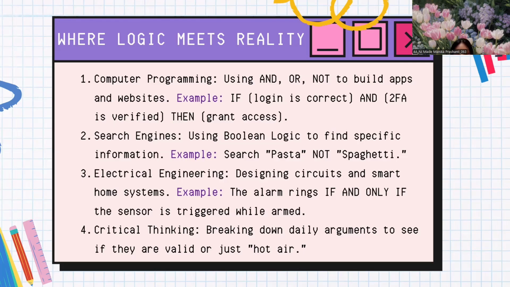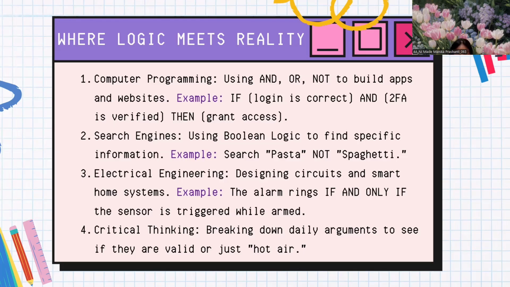Think of a smart home alarm. It is programmed as a biconditional. The alarm sounds if and only if the security sensor is tripped while the system is in armed mode. It's a precise two-way relationship that keeps your house safe.